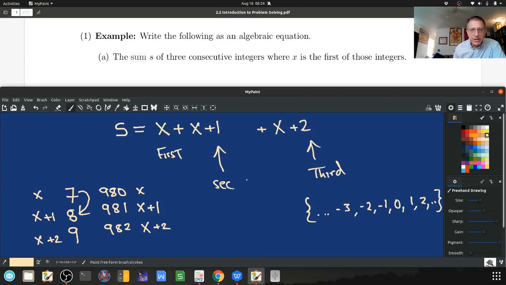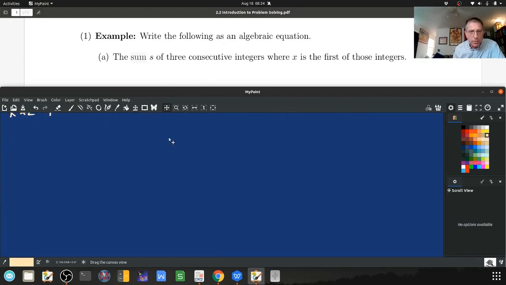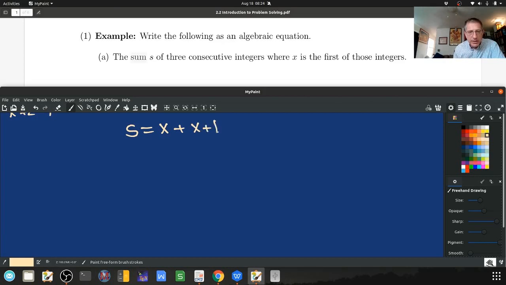So let's actually simplify all of this. I'm going to give myself some more white space. We discovered our equation was S is equal to x. That's my first integer. The integer right after it is x plus 1, and the integer after the second one is x plus 2.